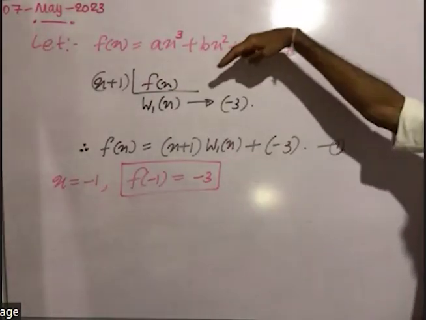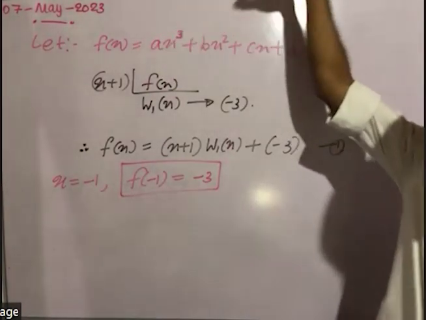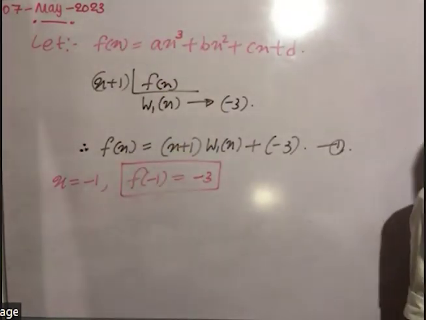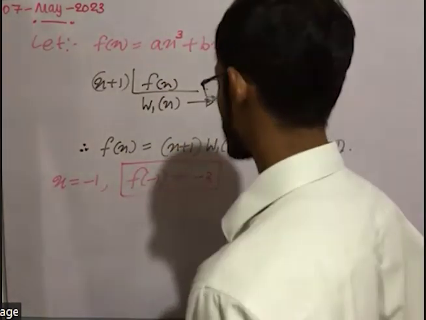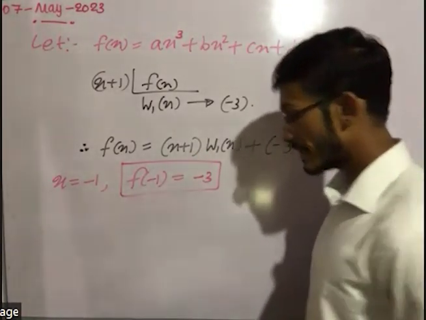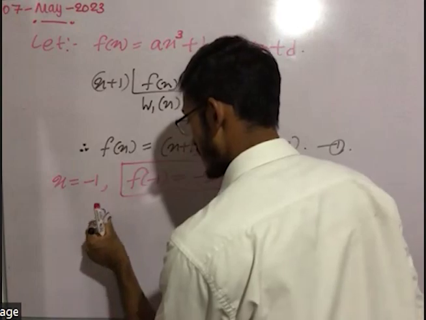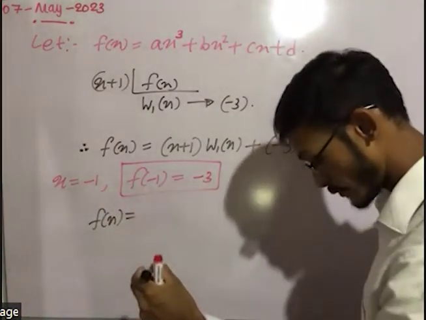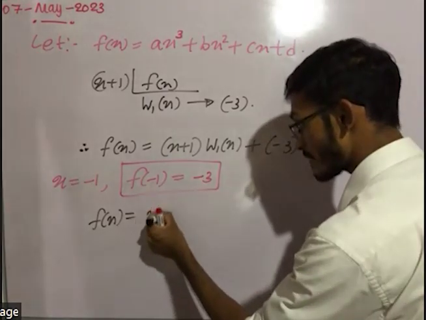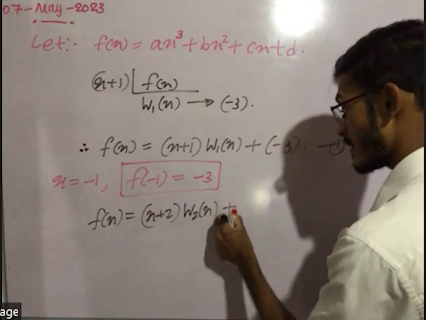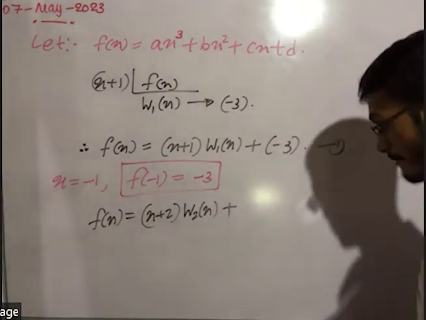Same way we can write down. In the second sentence, they have said that when f(x) is divided by x plus 2, the remainder is plus 1. So using the same method, we can write down the identity f(x), right? When f(x) is divided by x plus 2, we can write down (x plus 2) into w(x) plus the remainder is plus 1.